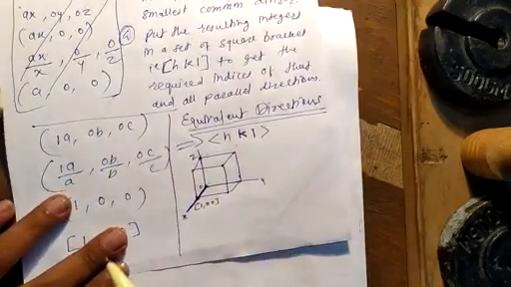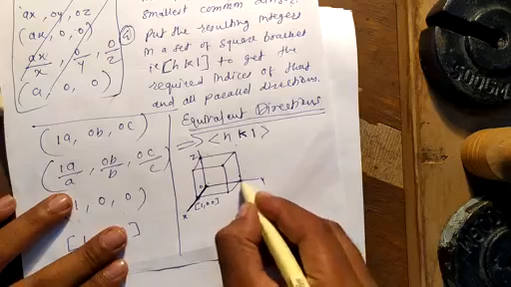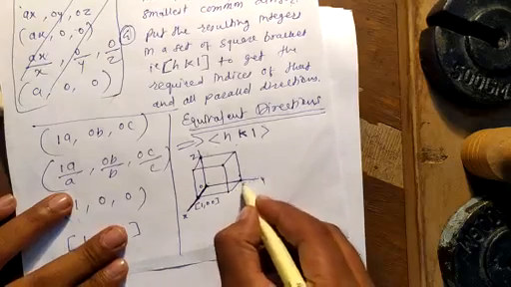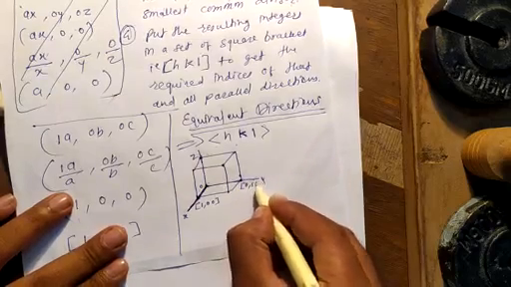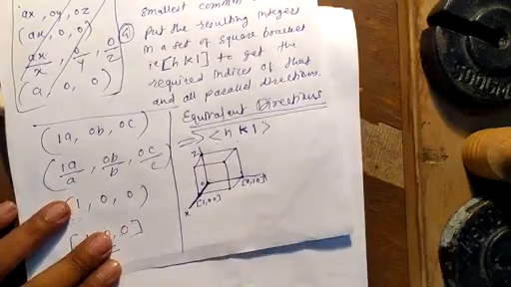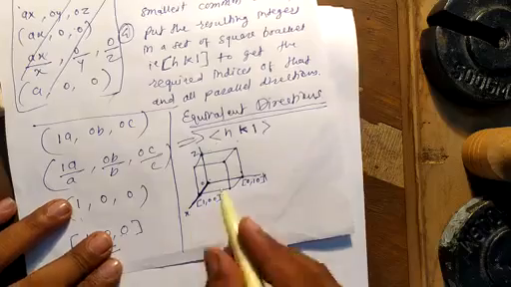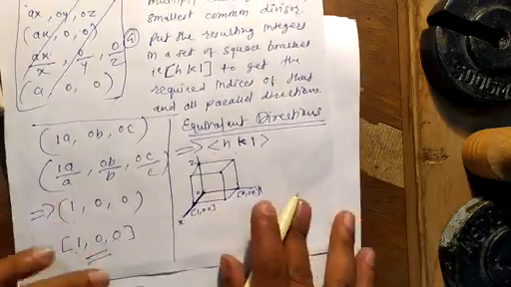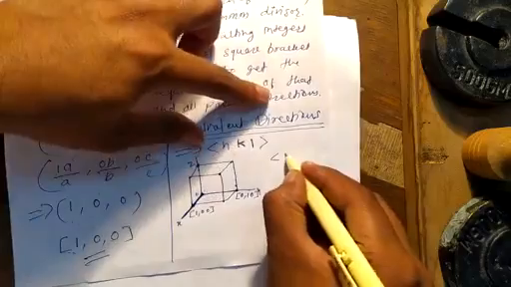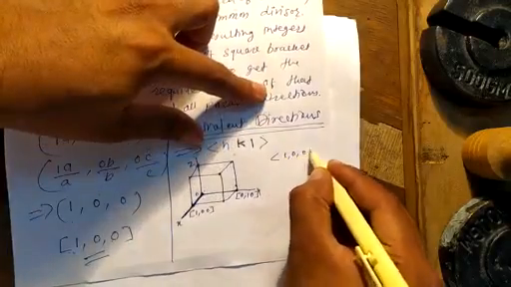This is the direction of the lattice point. Similarly, the direction of this lattice point is 0 1 0. Now consider this family, let's consider the family <1 0 0>.